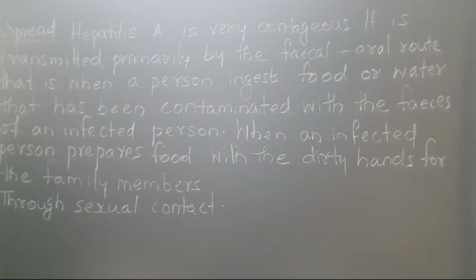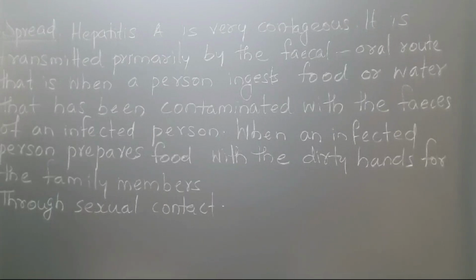First, let's see how hepatitis A virus is transmitted from one person to another. First of all, hepatitis A is a very contagious disease. It is transmitted primarily by the fecal oral route.